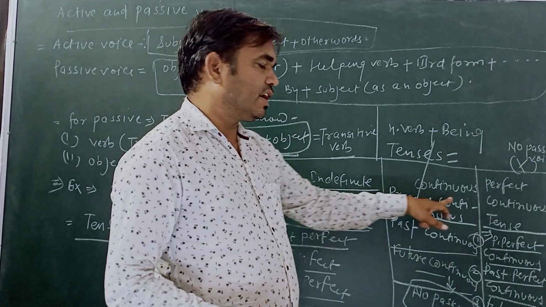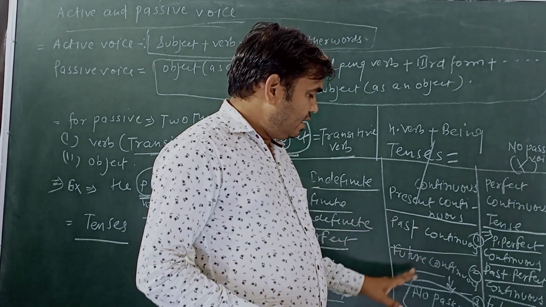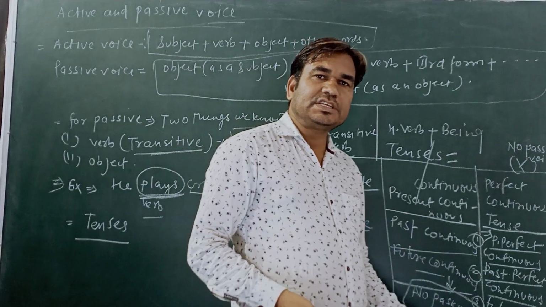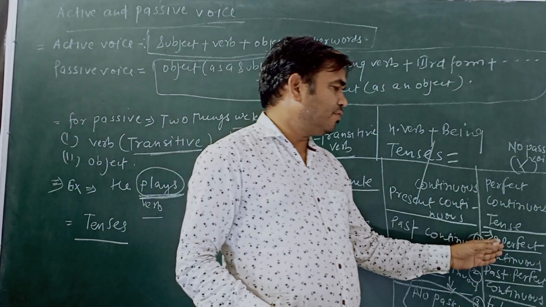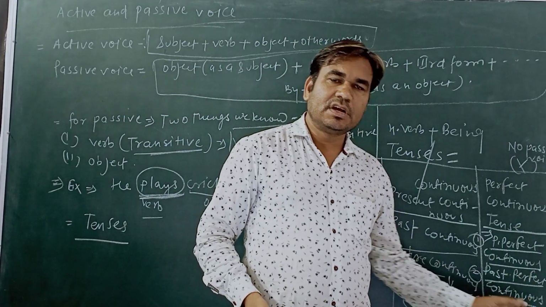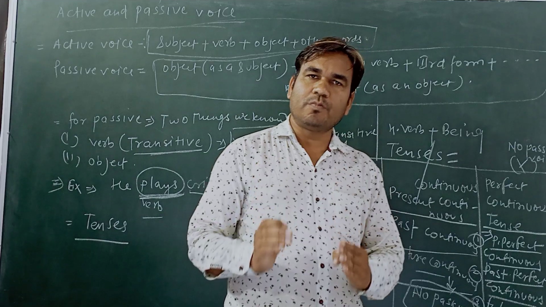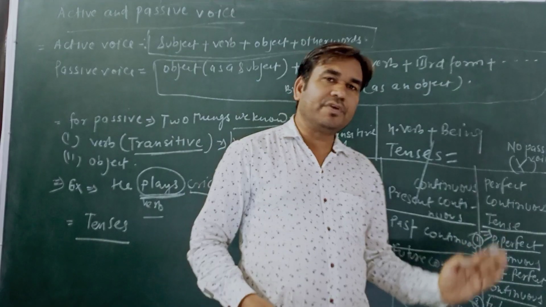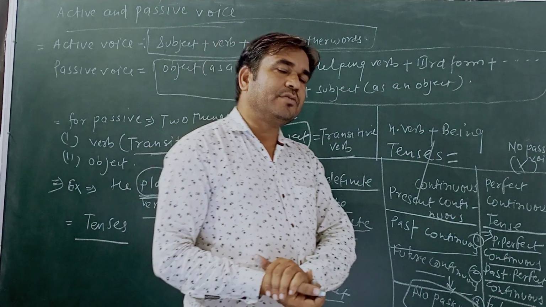Present continuous, past continuous and future continuous tense have no passive voice. In the same way, present perfect continuous has no passive voice, past perfect continuous has no passive voice, and future perfect continuous also has no passive voice.